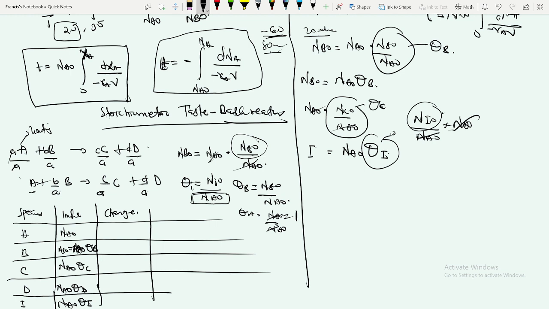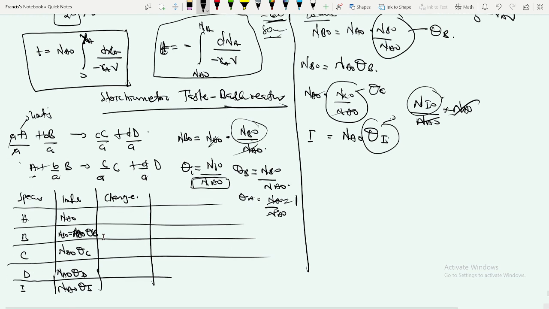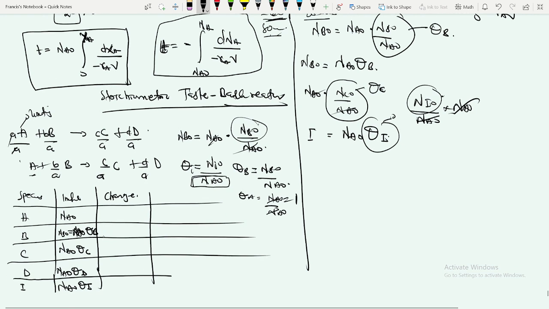So for A, the change in A will just be negative Na naught times Xa, where Xa is the conversion of A. Because A is our limiting reactant, all the conversion will be based on A, right?